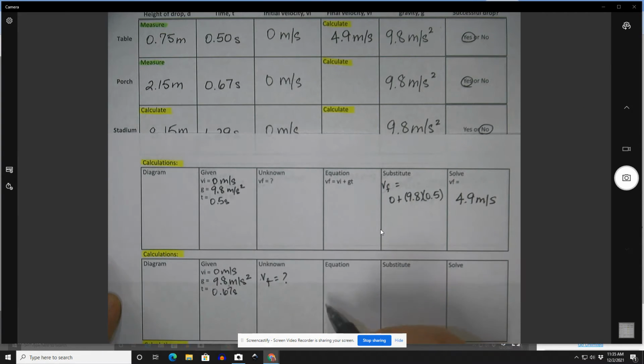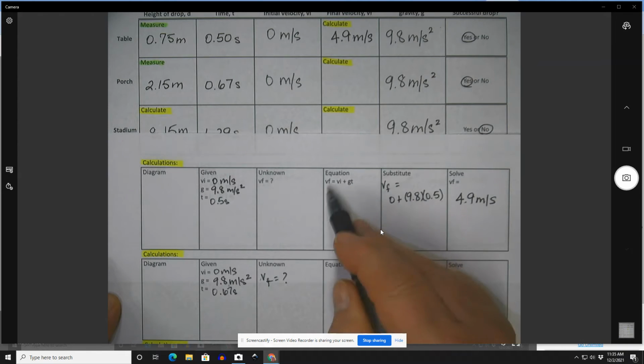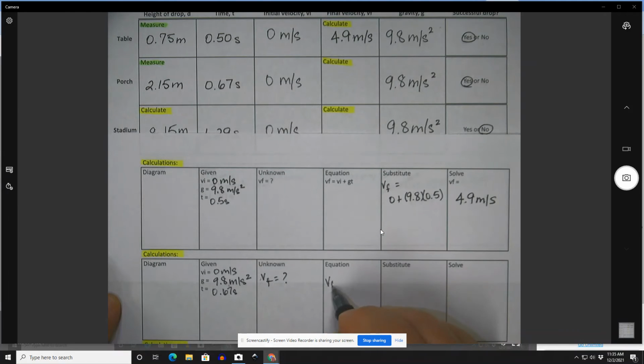Okay. And the equation, we're going to use the same equation. Final velocity is equal to initial velocity plus acceleration of gravity times time. We go to the substitution. Final velocity is equal to our initial velocity, which from our given was 0, plus g, which is 9.8, times our time, which was 0.67.